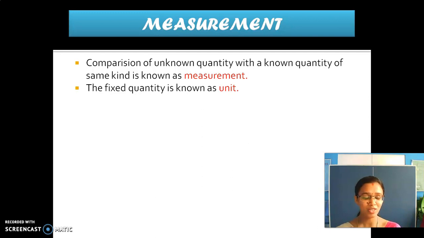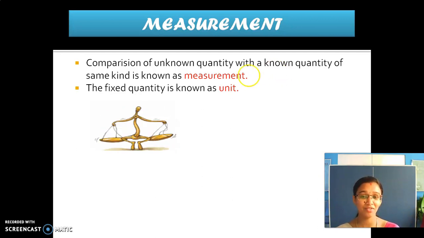The distance between two places are measured in kilometers. If it is the shortest distance, what is used there? Meters. So these are known as units. They are fixed. So the comparison of known quantity with an unknown quantity is known as measurement. And then the fixed quantity is known as unit.